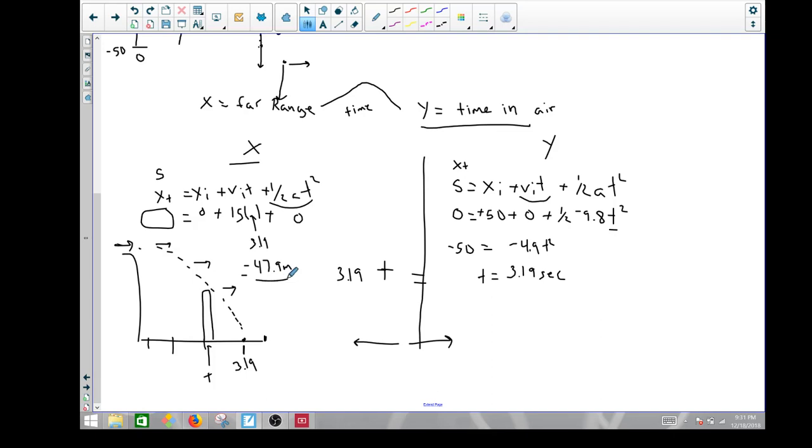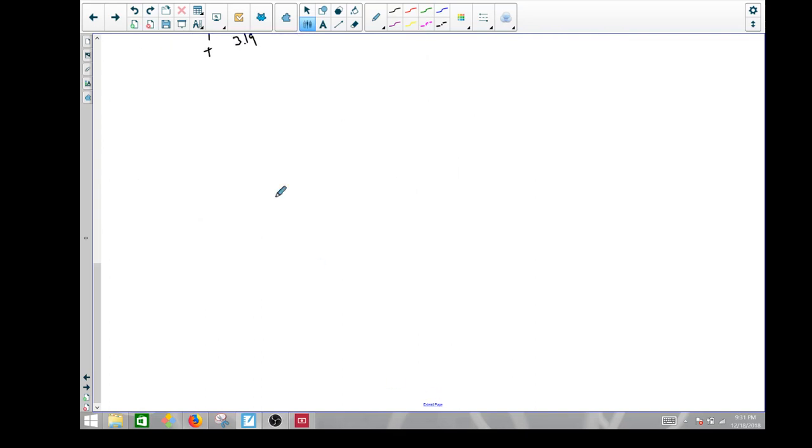All right. So the last problem says, how fast do I impact the ground? Well, this is not as easy as it looks. The velocity of this thing actually has two components. At the very bottom, it has a horizontal velocity of 15, and it has a downward velocity.